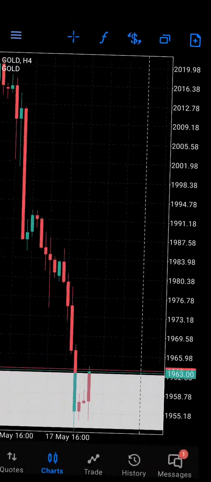And then the market came here at this zone. Okay, what happened when the market came here? Let me try to turn it the other way around.